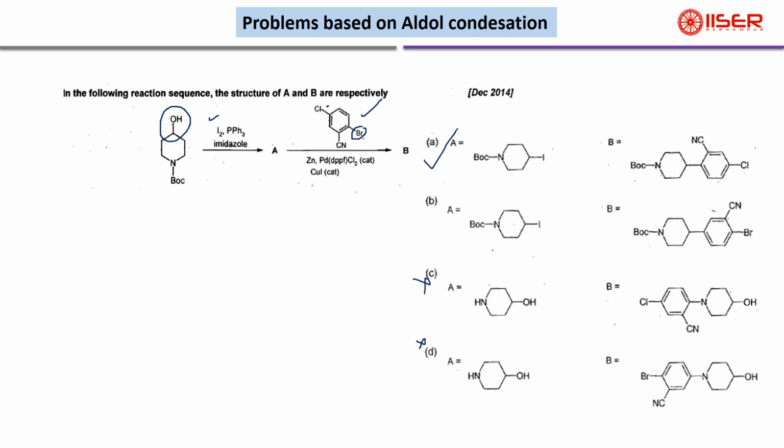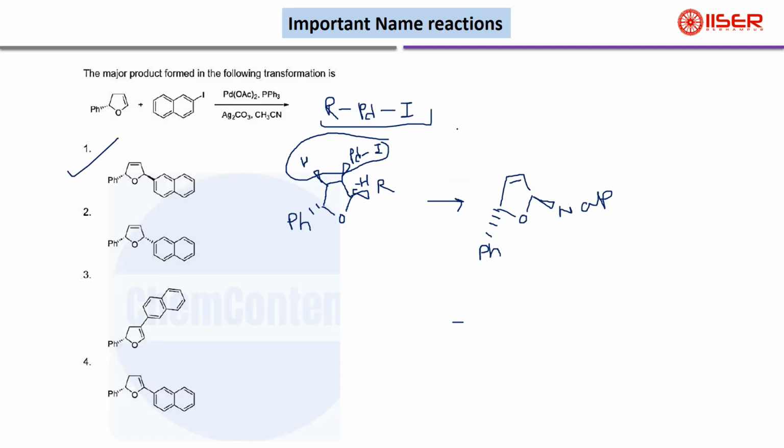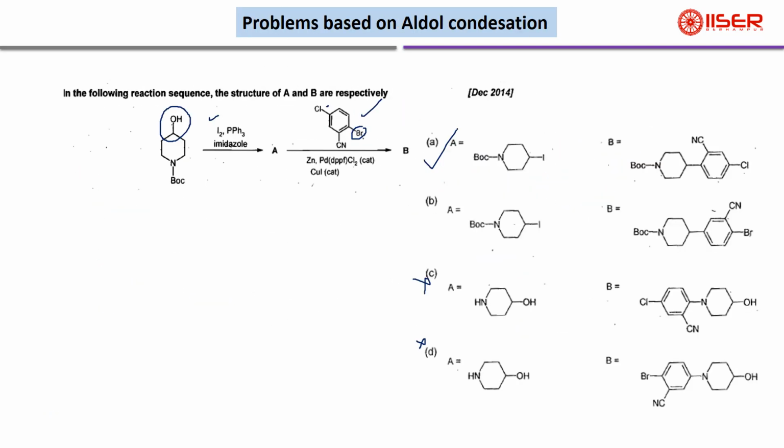Understood? First one is Appel reaction and second one is coupling. So you can see that in the NET examination, almost every year we get a question from coupling reaction, in 2011, 2012, 14, and I have shown one question from the recent year, 2025, also.